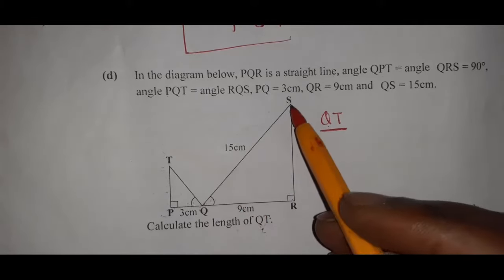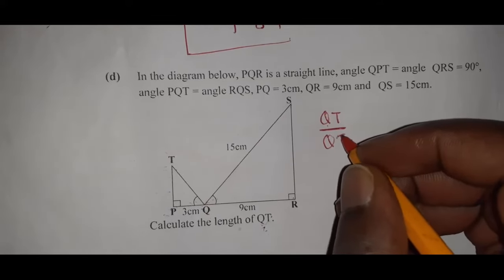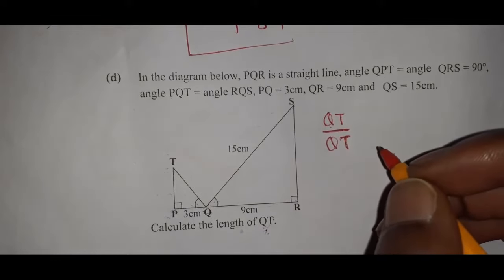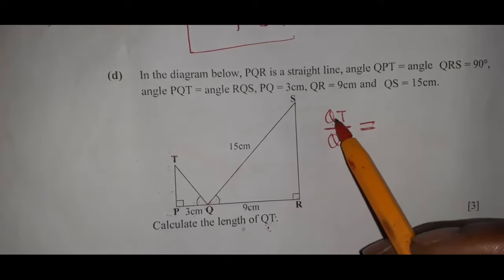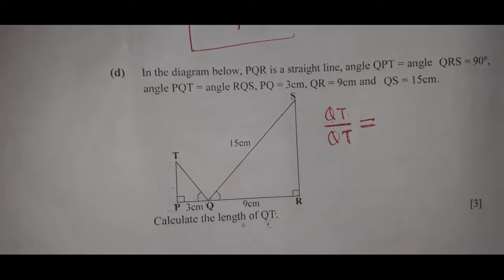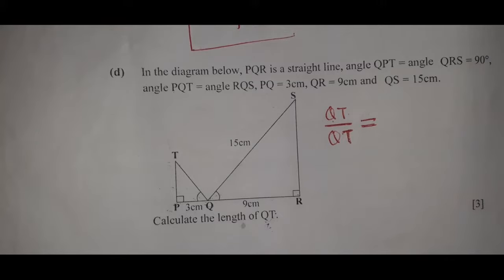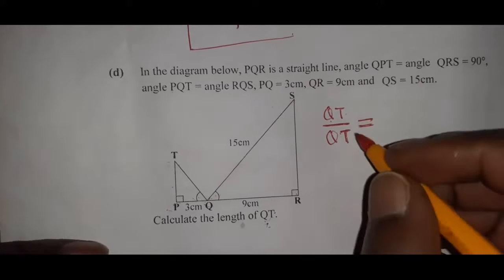The corresponding side is QS. So this is equal to, take note, QT is coming from a smaller triangle. Now I'm going to get the corresponding, this is QS.